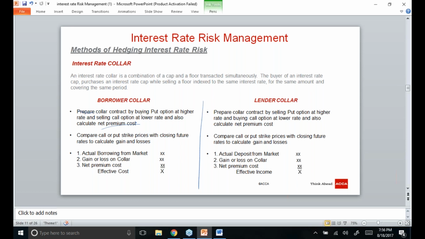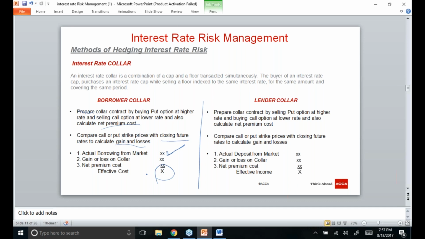Second step, compare your collar strike price, compare your call or put strike price with the closing future rates to calculate gain and losses. Okay. And the third step is the very familiar step from option and future, the actual borrowing, then gain and loss on collar and net premium, and then how you're going to calculate effective cost.